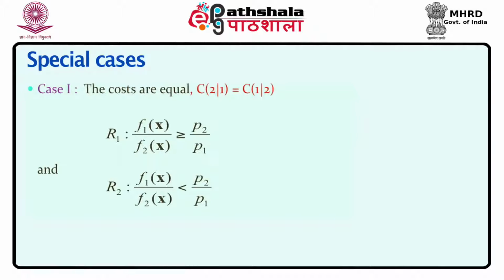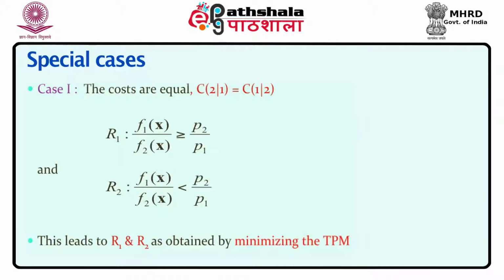Now if you look at how this result comes, it's basically when you take the costs equal, that is, you are ignoring the cost because they are equal. So what should this lead to? Obviously this should lead to the minimization of the total probability of misclassification. So the rule obtained by minimizing the total probability of misclassification comes out as a special case of the minimum ECM rule, where the two costs are equal.